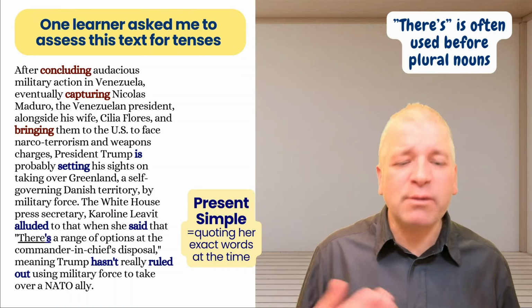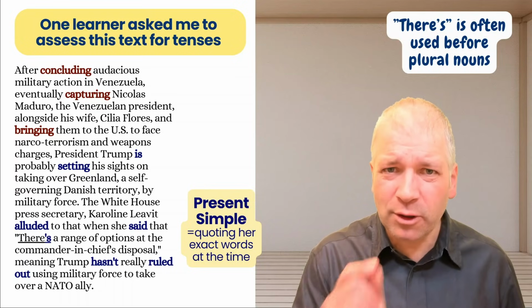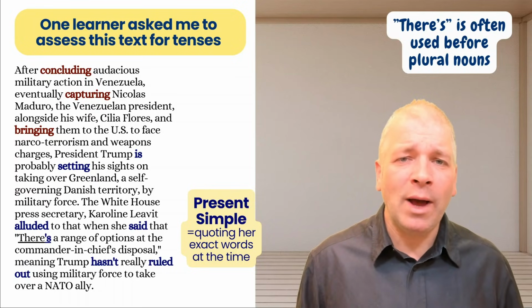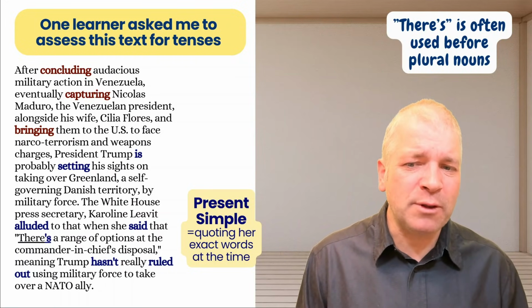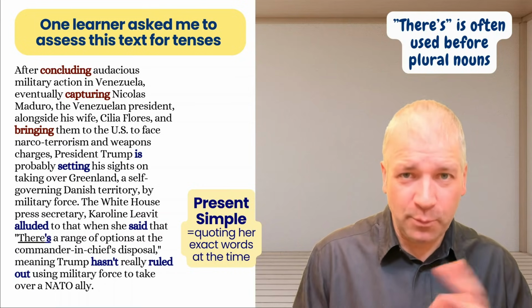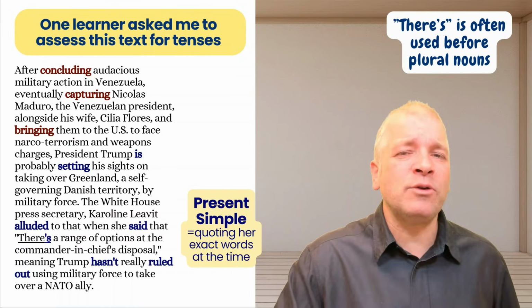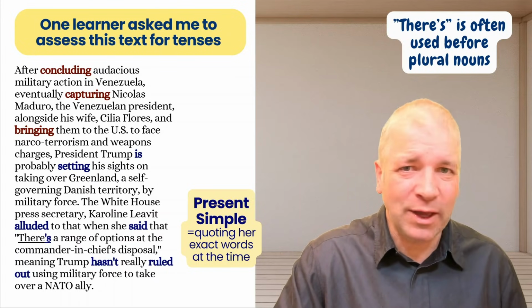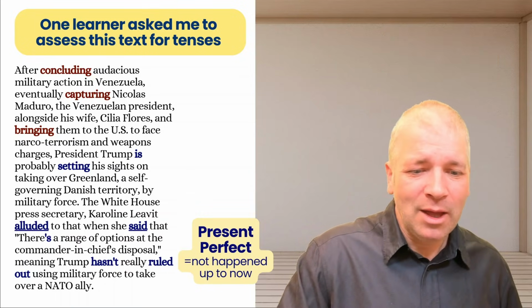They'd say there's options at the Commander-in-Chief's disposal. It doesn't look grammatically correct, but it's something about native speech where English speakers often prefer to use there's even if it's before plural nouns. So it's worth bearing that in mind. If you're writing professionally, I advise you to stick to there are. But if you're speaking, there's is fairly common. I think I do it in my videos and people have mentioned it in the comments sometimes.